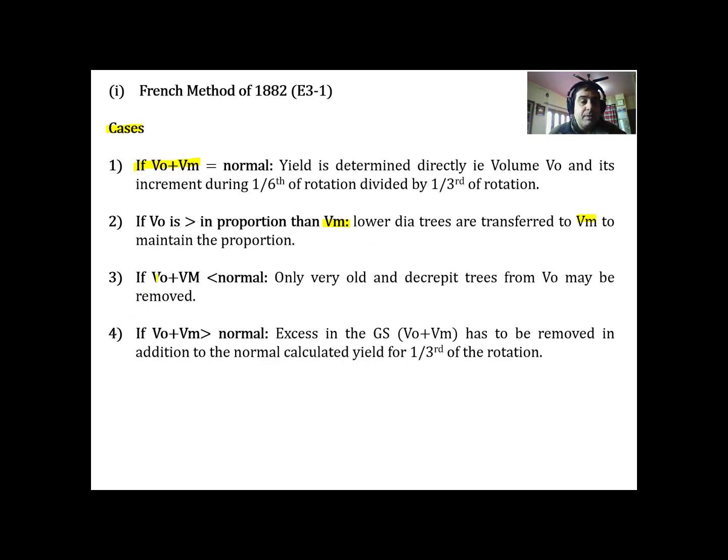The third case is if volume old plus volume medium is less than normal, only very old and decrepit trees from volume old may be removed. The fourth case is if volume old plus volume medium is greater than normal, the excess in the growing stock has to be removed in addition to the normal calculated yield for the 1/3 rotation. So these things have to be kept into consideration to bring the forest back into normality.